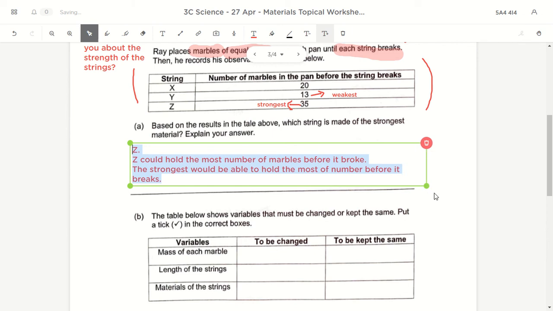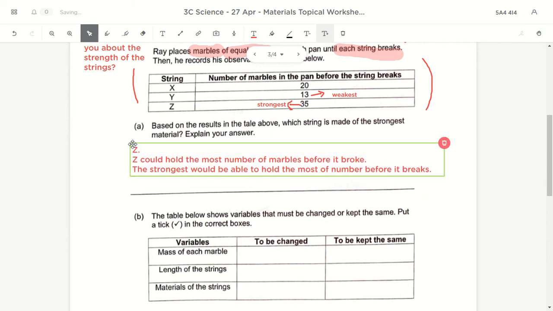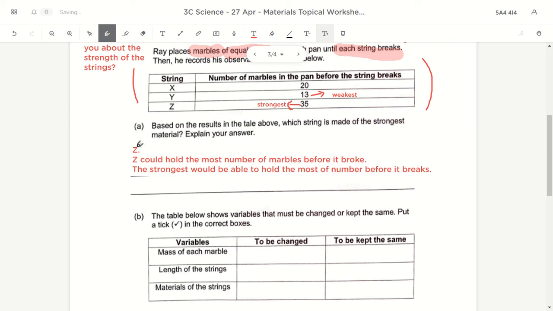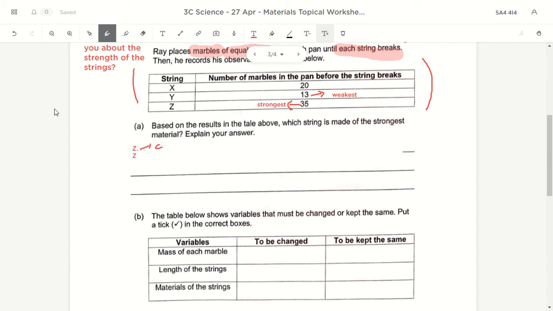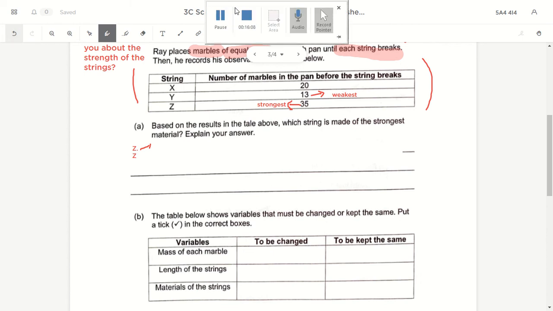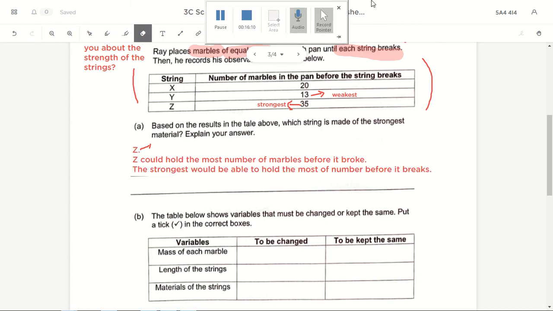Alright, so let's break it up into claim, evidence, and reasoning.